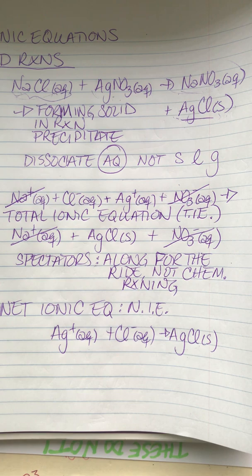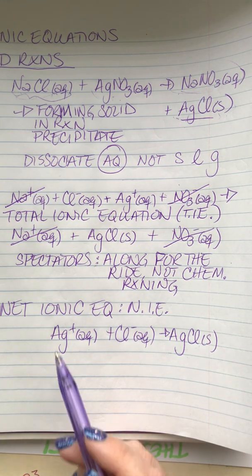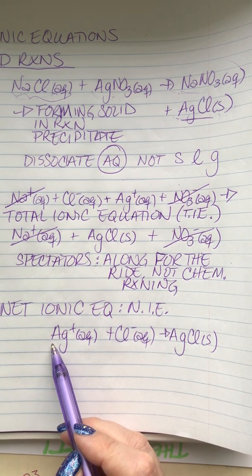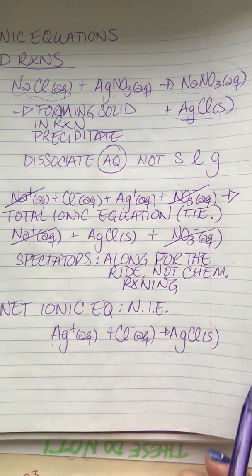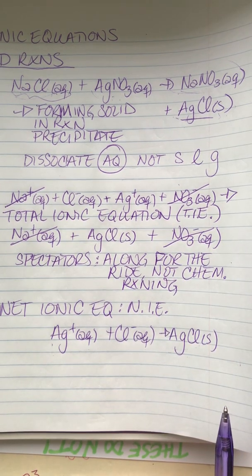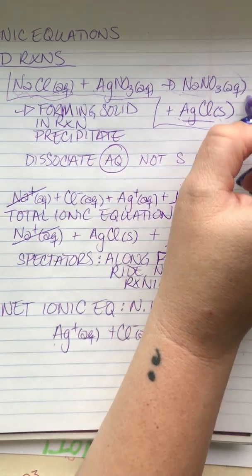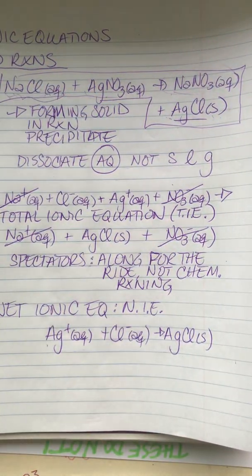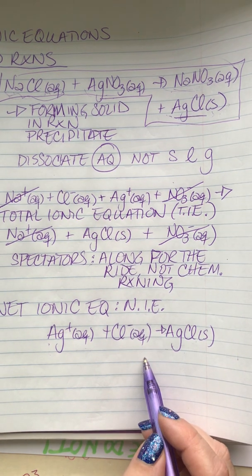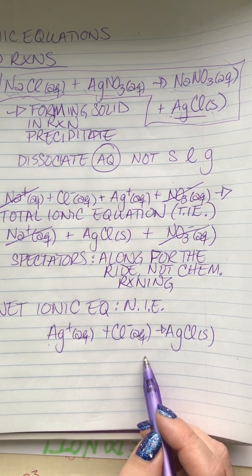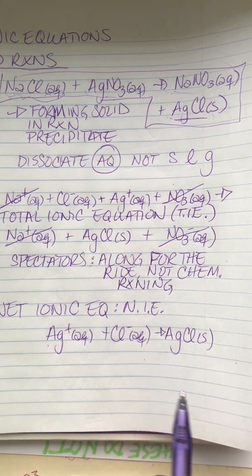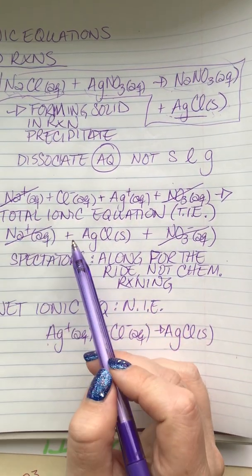So when we're looking at the net ionic equation, hopefully you guys will agree with me that this is a lot simpler and easier to understand what's going on than this thing, right? This one kind of just gets straight to the point, right? This is what's happening in the chemical reaction. Everybody else was just kind of hanging out, right?